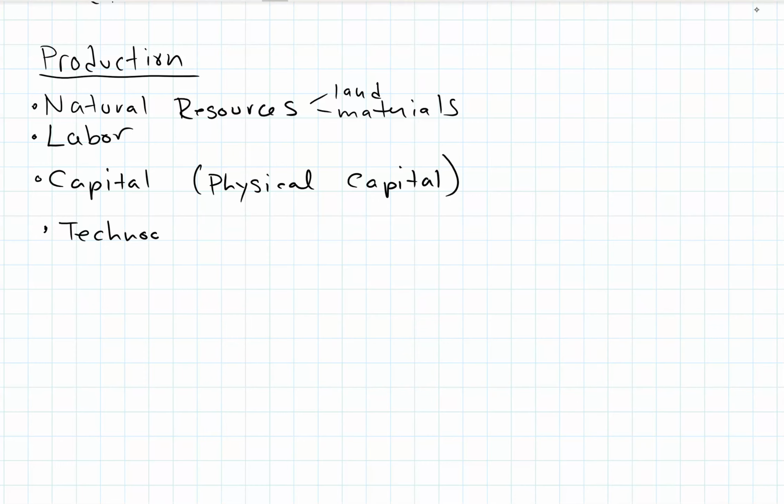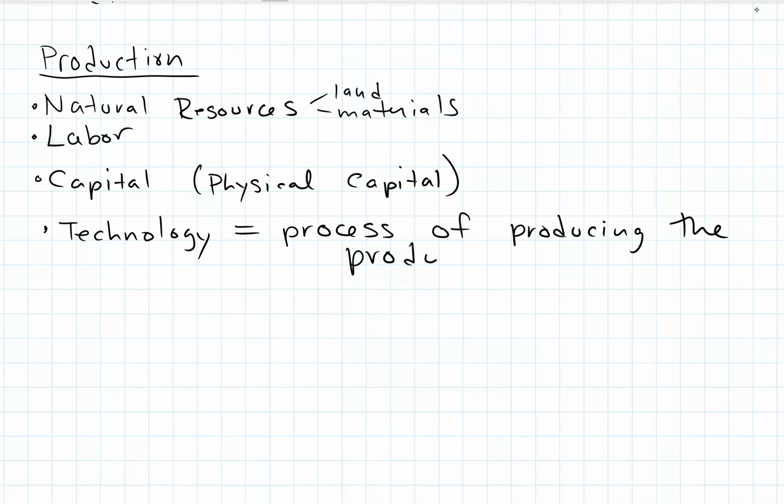You have technology. Technology, I'm going to add on a little bit here from what we've done before, because it might be a little different than you're kind of thinking. This is the process of producing the product. A lot of you think of technology as being a machine, and it can be related to that, but when we use the word technology, we're talking about the process of producing the product.